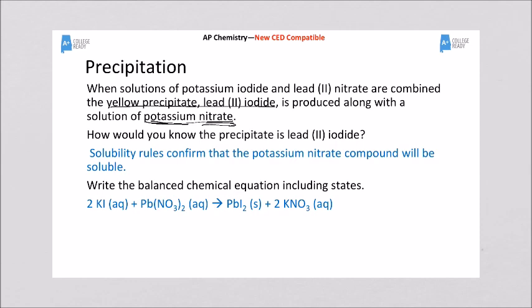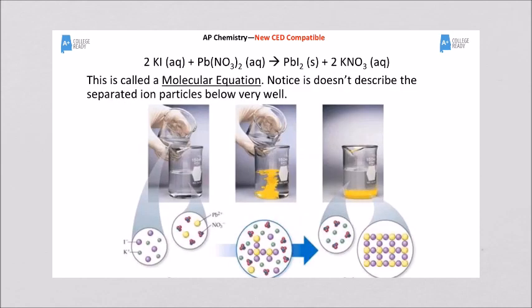If we write this reaction, notice we have KI, Pb(NO3)2, with 2 nitrates, since nitrate has an overall -1 charge to balance the +2 of lead. Here is our product that is our precipitate, and here's our dissolved (aq), meaning dissolved potassium nitrate solution. Again, we always need to make sure our reactions are balanced.